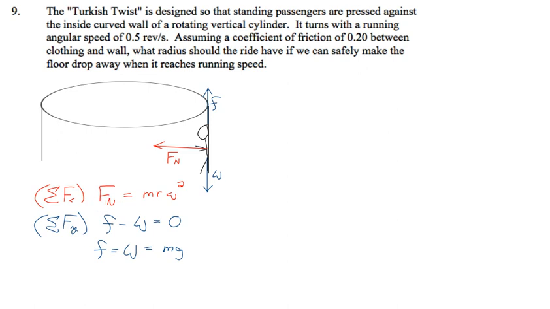Knowing that friction equals mu Fn, that's going to equal mu, and then for Fn, I'm going to replace Fn with mr omega squared, so that it's mu mr omega squared.